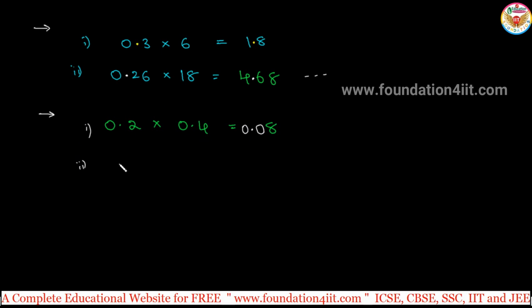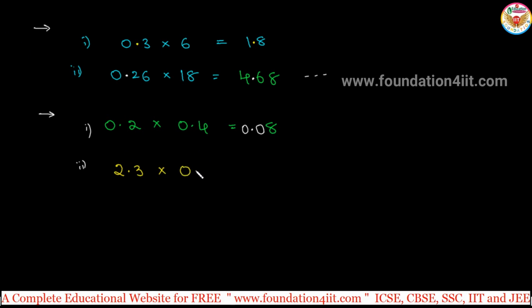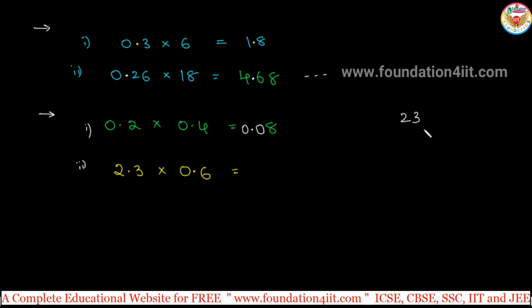Okay, see one big example. Let us take 2.3 multiplied by 0.6. Without the decimal places, that is 23 and this is 6.